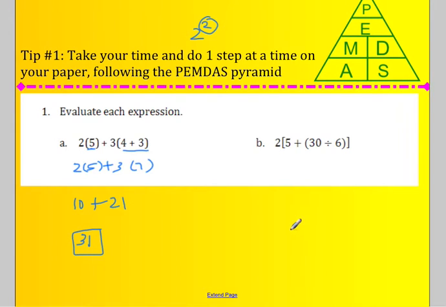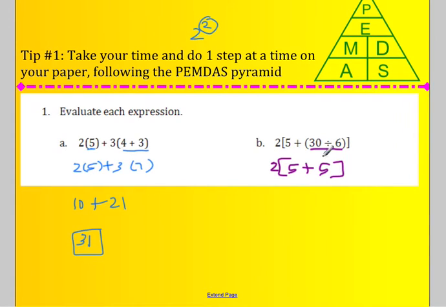All right, moving on to B. I start with parentheses, and we always start with the innermost parentheses. My brackets are also a form of parentheses, and inside there's another set, so I would do the innermost first. So it's 2, then bracket, 5 plus 30 divided by 6 is 5, and that bracket.